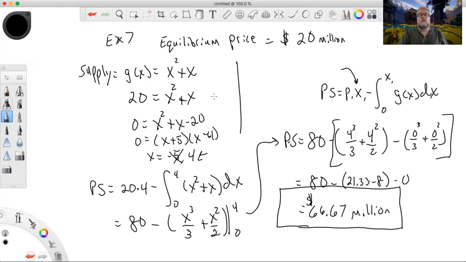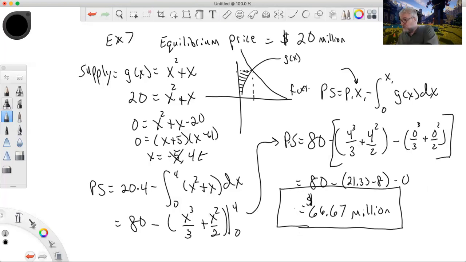Remember, the curve looks like this, and I draw my dotted line. This number represents the area here. The area is equal to this amount of money using our demand and supply curves. Okay?